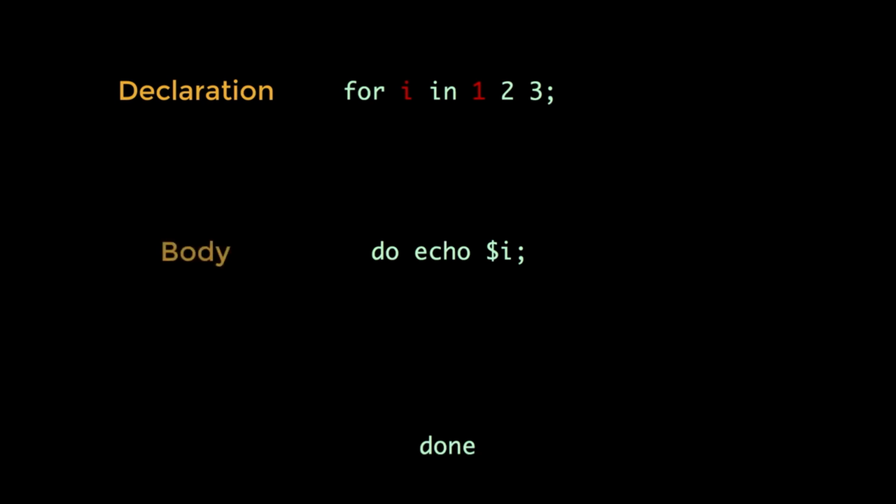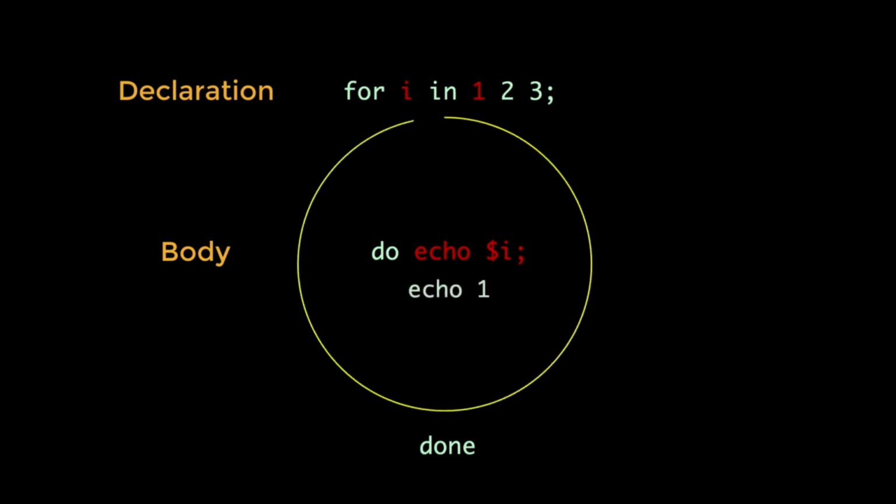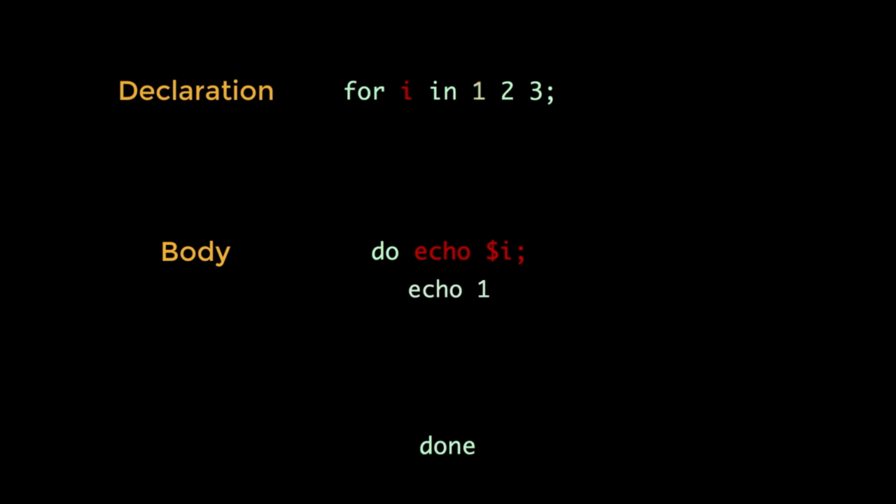The next section is the body, which runs the commands written after do, replacing the variable with whichever value is currently assigned to that variable. For the first loop, this will be the number 1. Since there are items remaining in the list, the loop goes back to the declaration and assigns the next number in the list to the variable i.